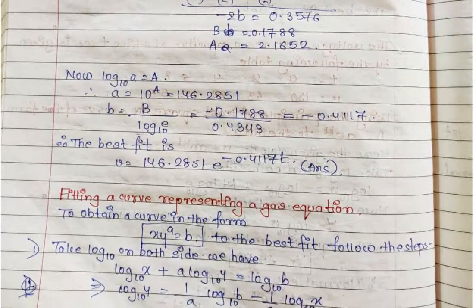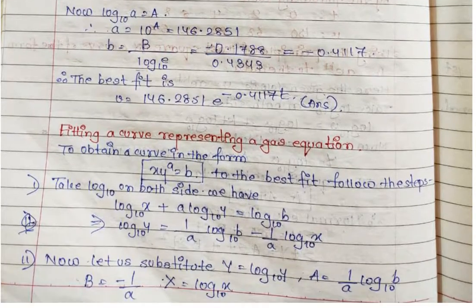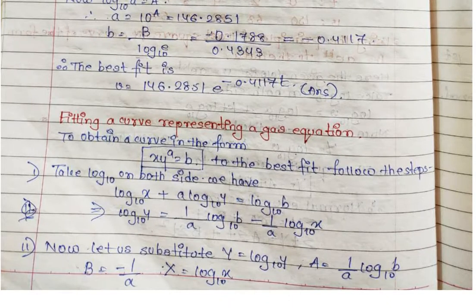Next rule is fitting a curve which represents a gas equation, that is (xy) to the power a equals b. If any arbitrary type of curve is given here, then how will we find it out? (xy) to the power a equals b is nothing but representing a gas equation. Same process, we will take log base 10 on both sides and consider the variables in this manner.